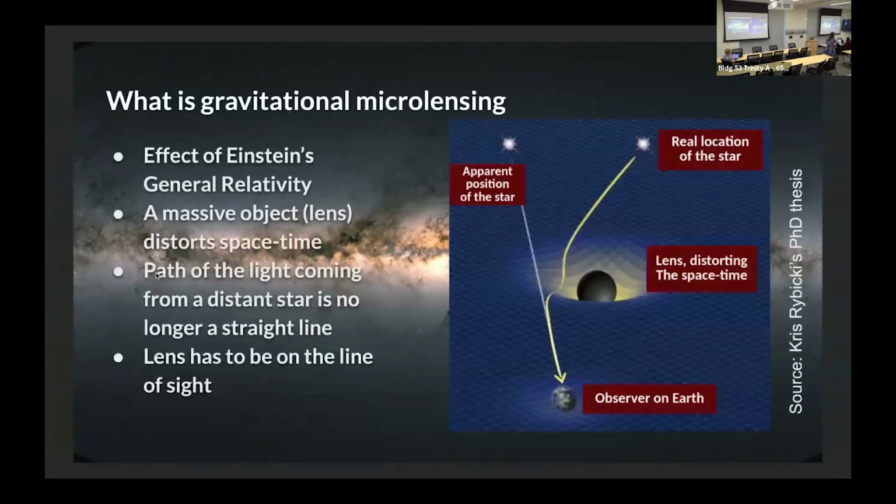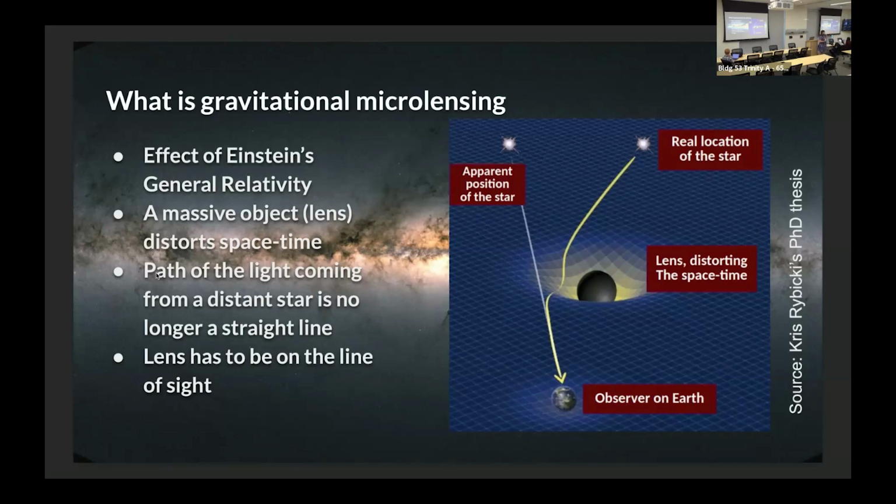This is a microlensing session, so I will give a short reminder on what microlensing is. It's an effect of Einstein's general relativity, where we have a massive object, a lens, which is passing a line of sight between the observer and the luminous source.